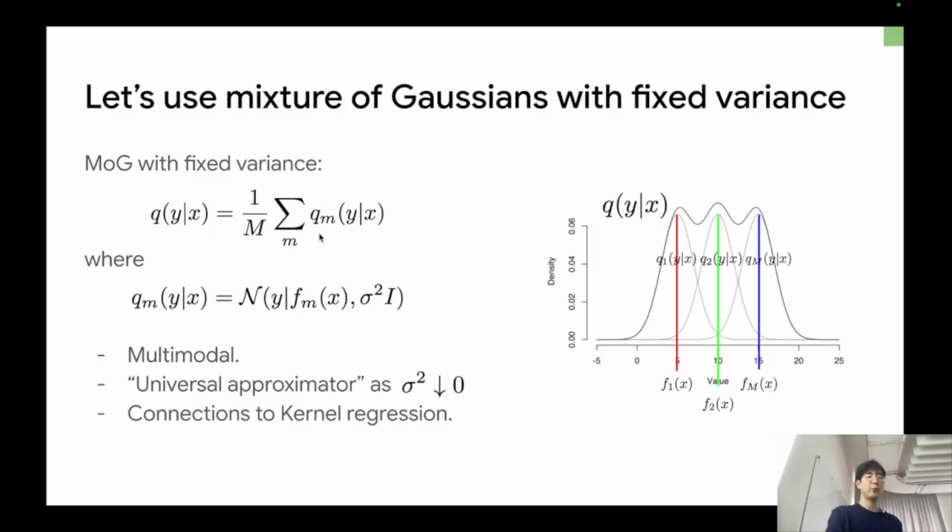So each q_m will be a single Gaussian given by f_m of x, which is the mean for distribution m, okay? But you're going to have multiple of these, right? And to make things simpler, we can just make sigma a fixed value now. So the only variation is coming from the positioning of the different Gaussians in the mixture. Okay.